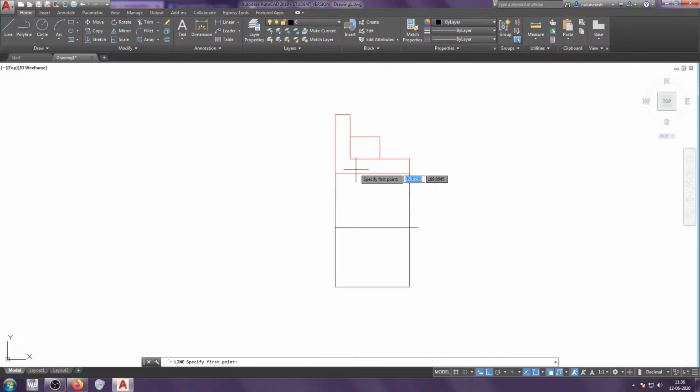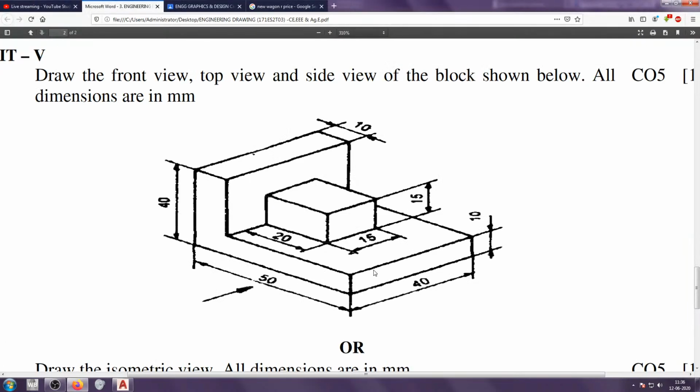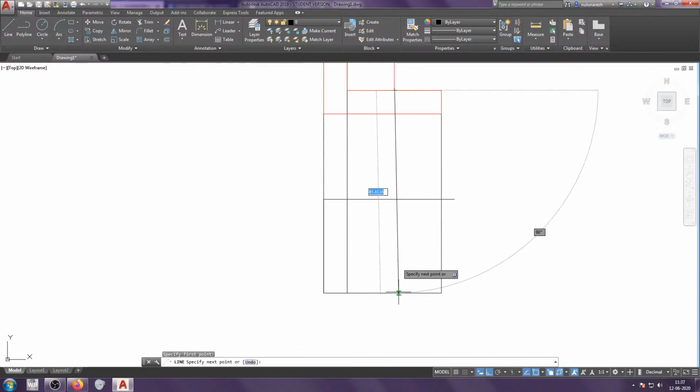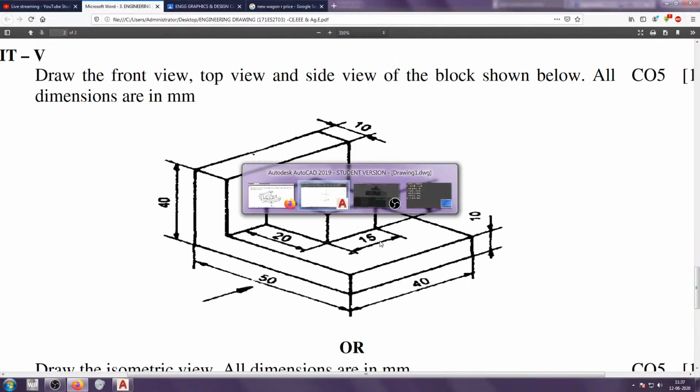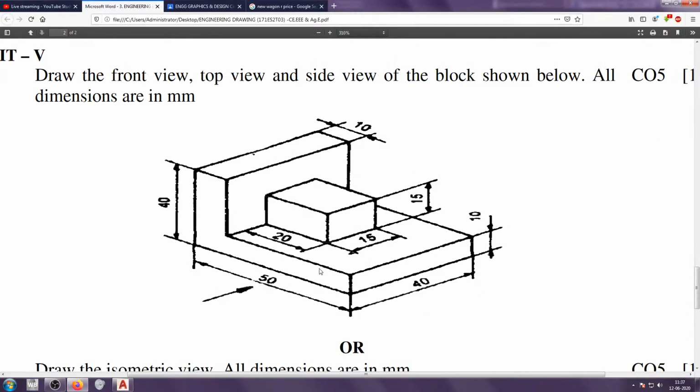So we can take a projection from this one or from this particular line until it meets this point, and after that we can take this projection, not all the way, but you can use this projection in order to determine the width of this one. It actually reduces some time for you.